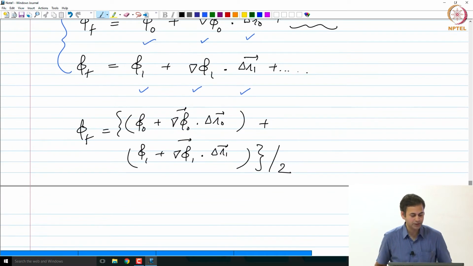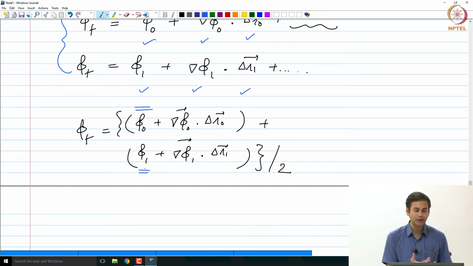Now, this is not as crude as we had started off with, right. We started off with only the first terms, phi f equals phi 0 plus phi 1 by 2, but now we have an extra term, which is the second term in the Taylor series expansion. So, we have a little bit of improvement compared to what we had started off with.